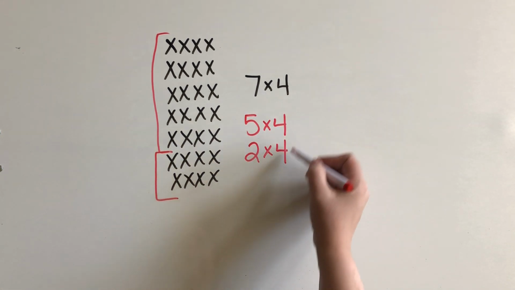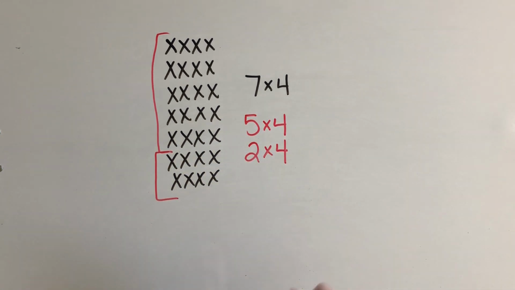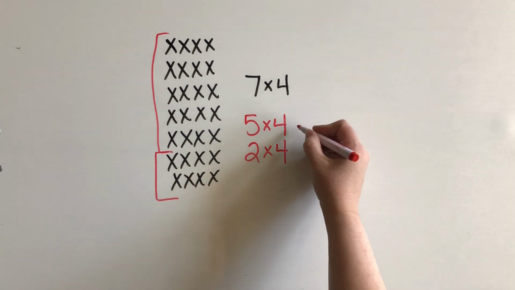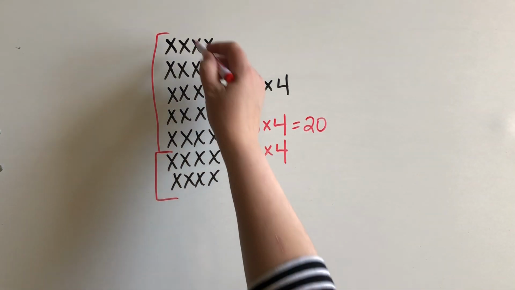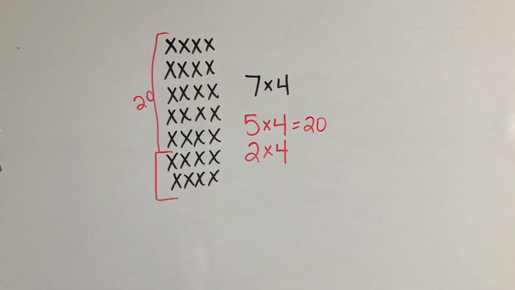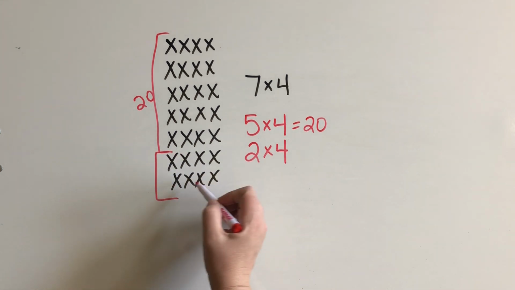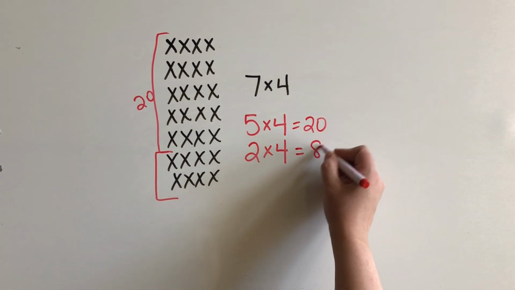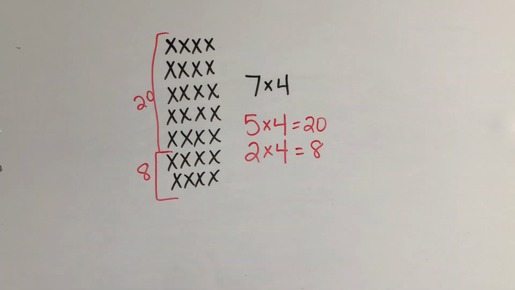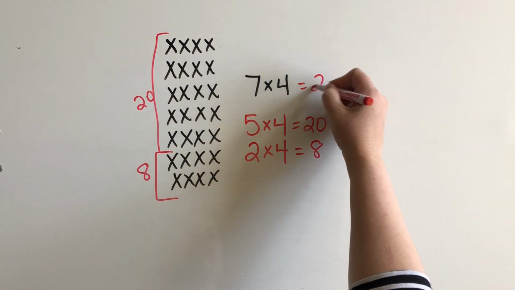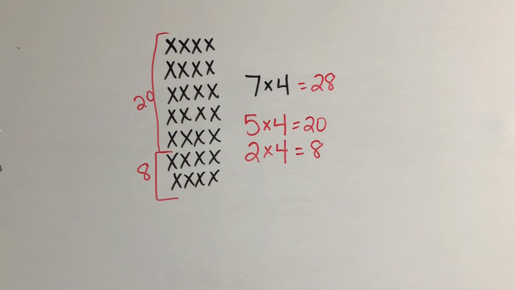Now these, I feel, are easier to solve for me. So I know that 5 times 4 is 20, so there must be 20 chairs here in 5 rows of 4. And here there's 2 rows of 4, and I know that that's 8. So altogether, how many chairs do I have? I have 28. So 7 groups of 4 is 28.